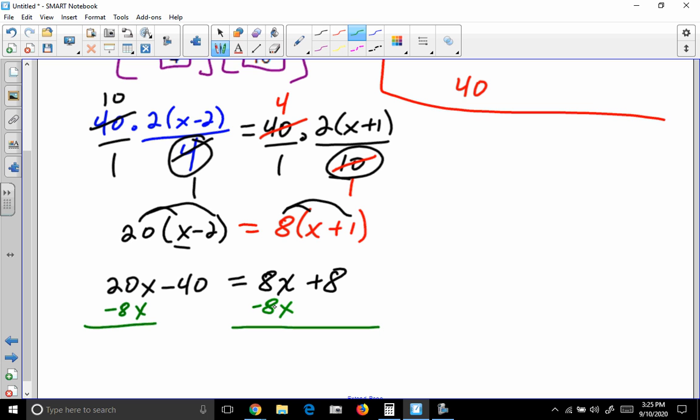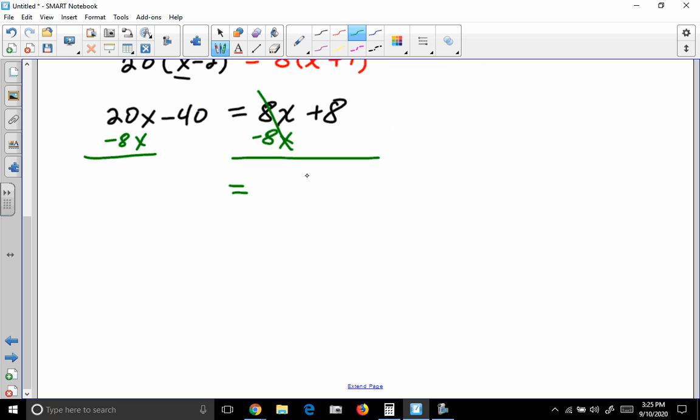8 minus 8 gives us no x's, 0 x's. So we're left with just an 8. Remember, 0 x's, that's just nothing. And then bring down the 8. 20 minus 8 is 12, so 12 x's. Bring down the 40.